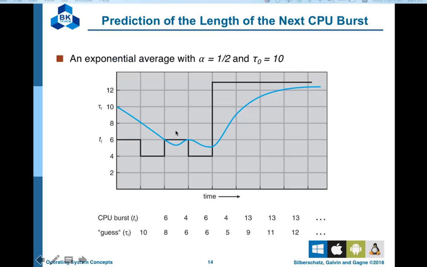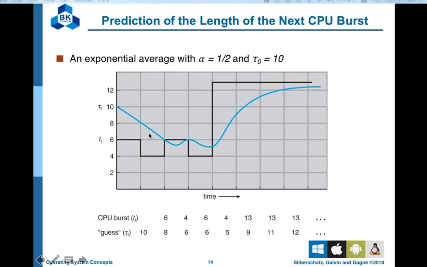In the histogram here, we have two lines, the dark one and the blue one. The dark one is the real value and the blue one is the predicted value by using the formula. You see here the predicted value is initialized to 10.